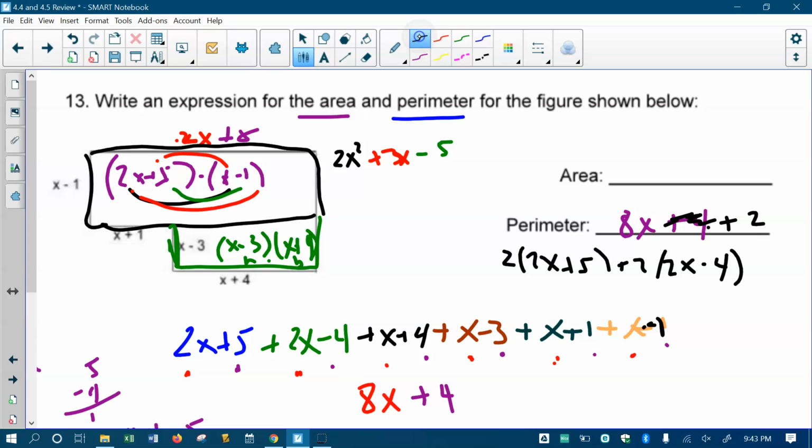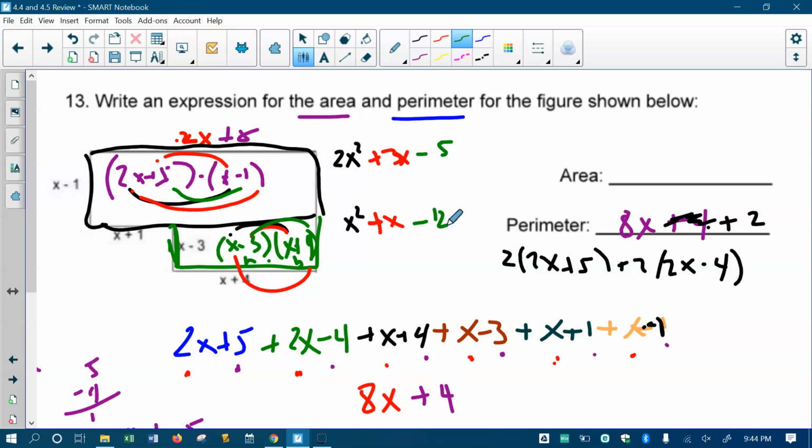And if I multiply these together, I get x squared. And then I get plus 4x and a minus 3x, which is going to be plus 1x, or just plus x. And then finally, I get a minus 3 times 4, which is minus 12.